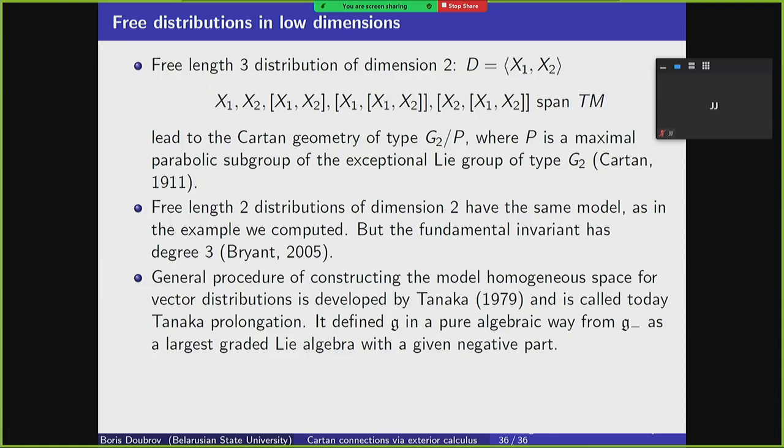And then there is a procedure which is fully algebraic, and it is called today Tanaka prolongation, or we've seen this construction in the work of Andrei, he called it Cartan prolongation, but that's an identical procedure that would allow us, just by looking at the G minus part, to recover all of G. So it's a purely algebraic thing. And this is what I would probably do if I were to understand what the model is.